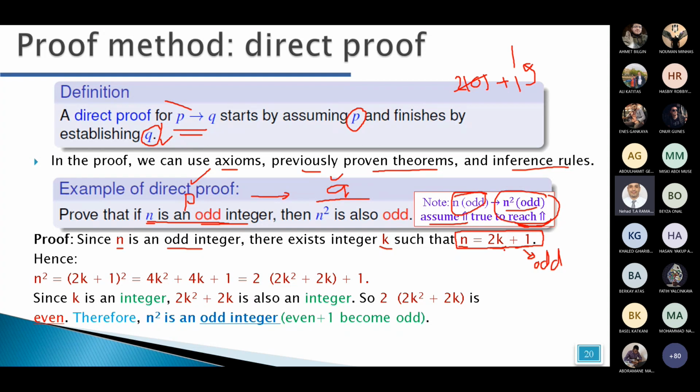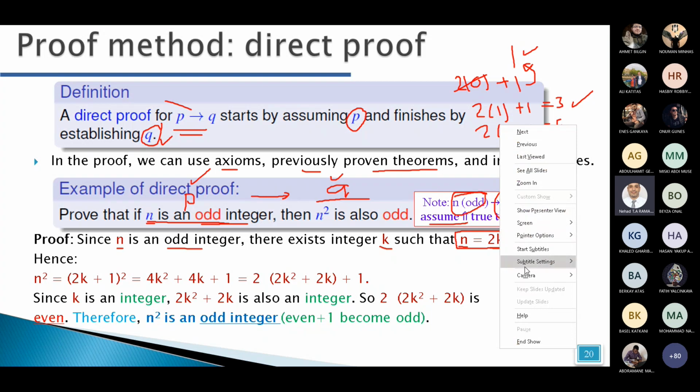Okay, consider k as 1. So 2 multiplied by 1 plus 1 gives us 3. So this is the first odd integer, and the second odd integer is 2 multiplied by 2 plus 1, which gives us 5, and so on.